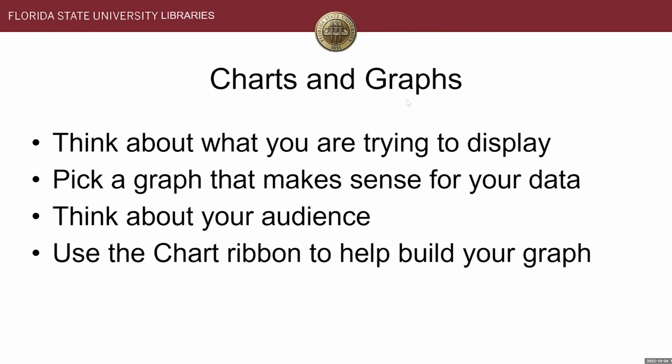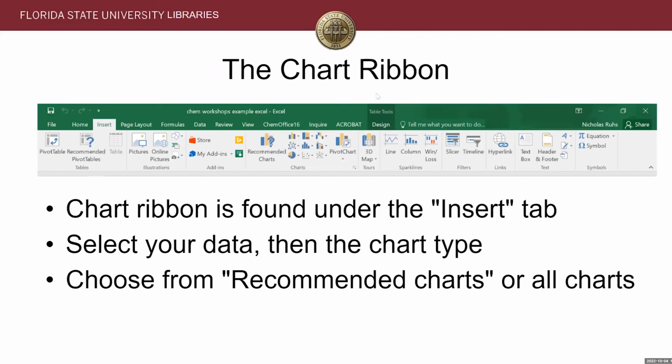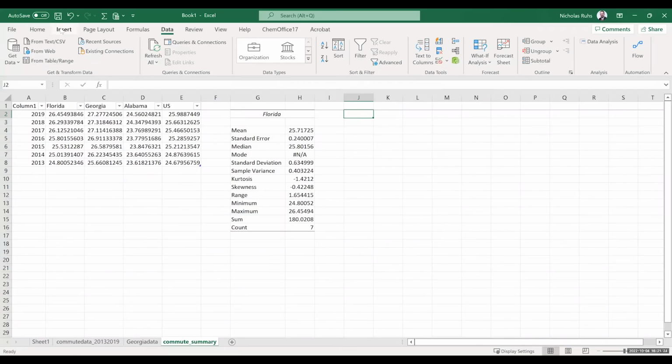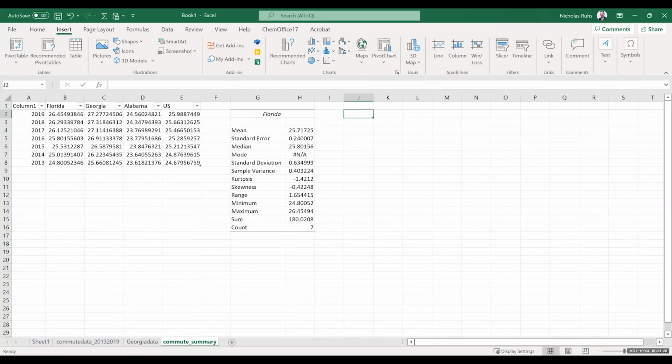All right, so our chart ribbon is going to be found under the Insert tab. So if we go back to our Excel, and we go over to our Insert tab, in the middle, you'll see this charts box. This is what we can use to figure out which type of plot we want to use for our data.